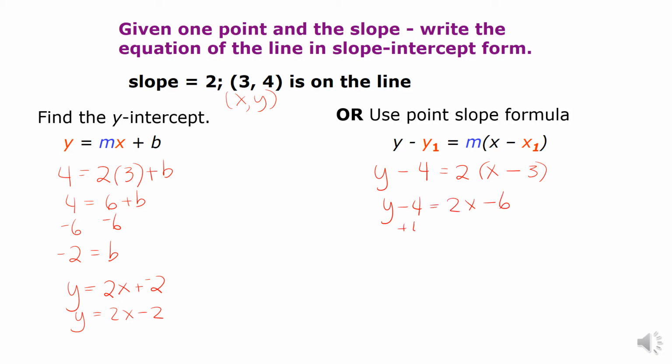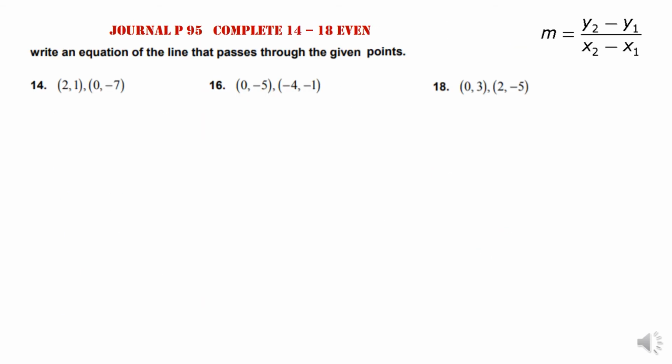I'm going to add 4 to both sides, and I get y equals 2x minus 2. And I got the same equation. So it doesn't matter which way you choose to do it, it will work. And we're going to learn more about point slope in the next unit. So we're going to stick to the first method from now on in this unit.